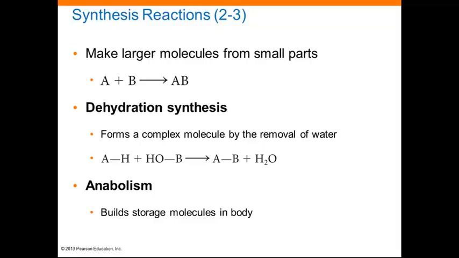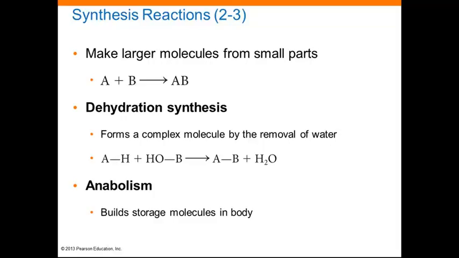And this is often called dehydration synthesis because, again, water is involved. We're going to dehydrate our A compound and our B compound. When we dehydrate them, that means we pull hydrogen off of one and a hydroxyl off the other. And when you combine those two, you make water. So we're dehydrating our two reactants, and you're producing water as a byproduct. So we call them dehydration synthesis reactions.